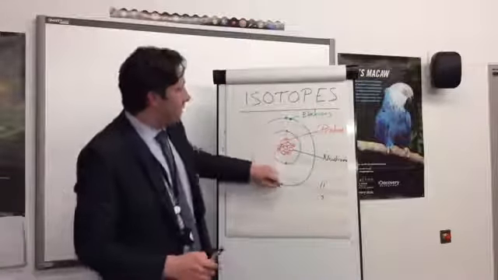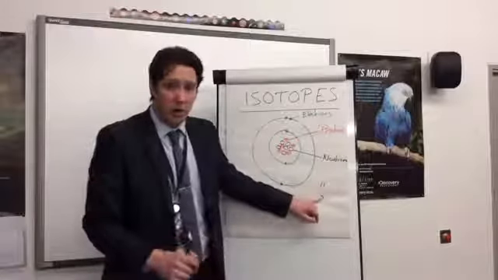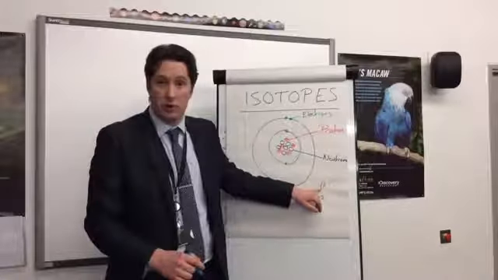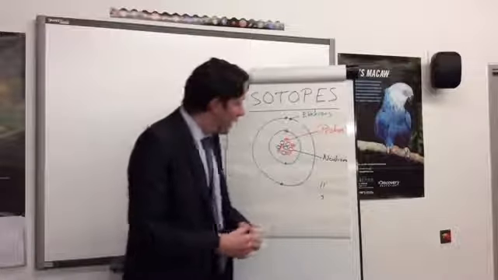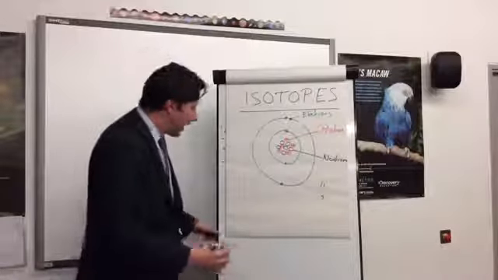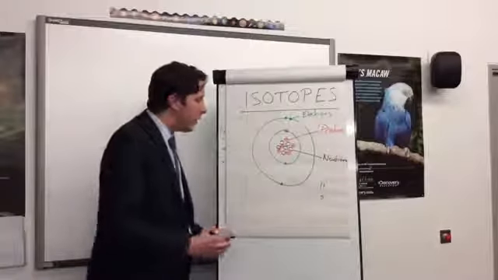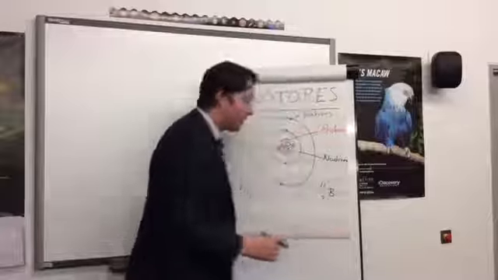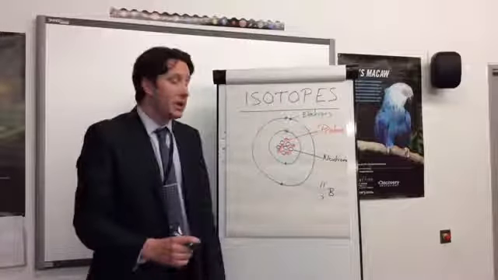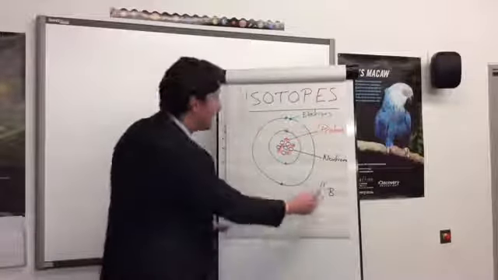So with this isotope, we have 5 protons and 6 neutrons, giving us a mass number of 11. If we wanted to change it slightly, this one is actually boron, we could change the number of neutrons.